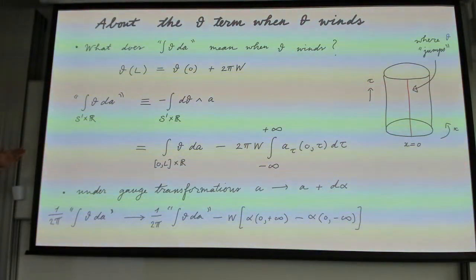But now if I integrate this by parts, I see that I get the naive expression for the theta term, plus some time-like Wilson loop with a charge given by the winding of theta. This turns out to agree with a more sophisticated way of defining these kinds of theta terms with position-dependent theta.